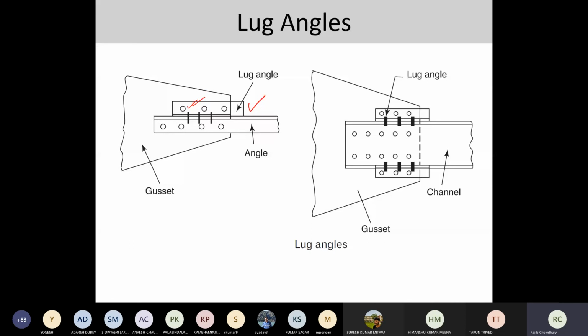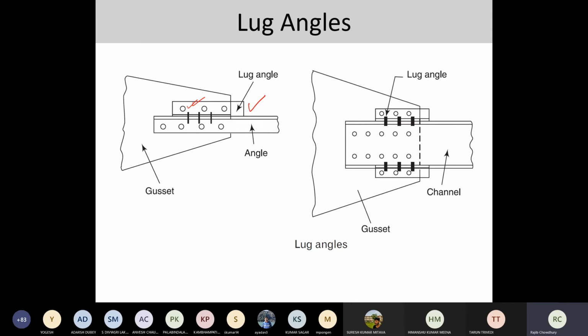Now, the point I am discussing over here is that the location of this lag angle has some importance. Why is it important? It is more effective at the beginning of the connection rather than at the end or the middle of the connection.